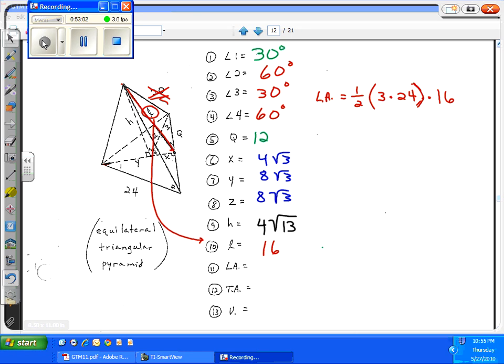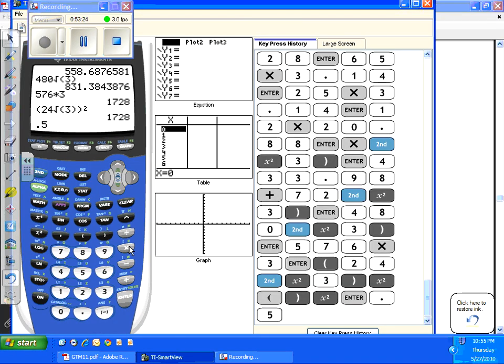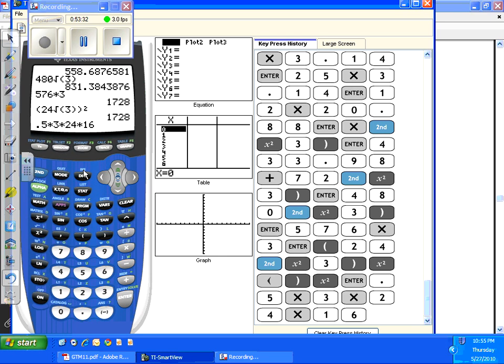Okay, so we're going to try again. We'll just stick it in the calculator. 1/2 of 3 times 24 times 16. I'm getting brain tired. It's 3 minutes till 11. Almost an hour from midnight. Anyway, 1/2 times 3 times 24 times 16. 0.5 times 3 times 24 times 16.